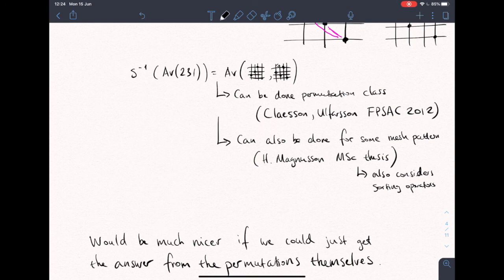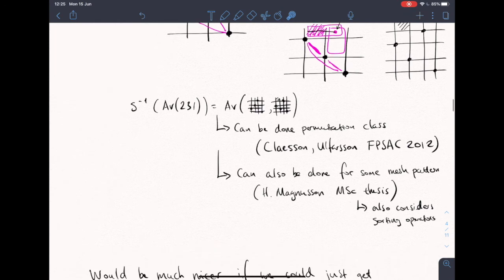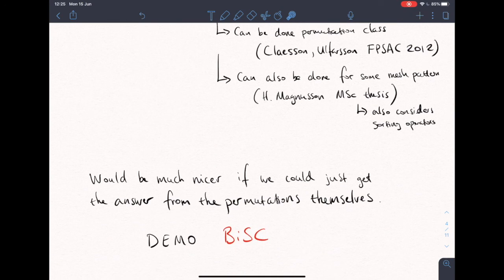But it would be nicer to have to think less and just get these descriptions of sets we're looking at, like this pre-image, in terms of patterns, without having to go through hoops to get this description. And there's an algorithm to do that called the BISC algorithm, which I'll show you now.